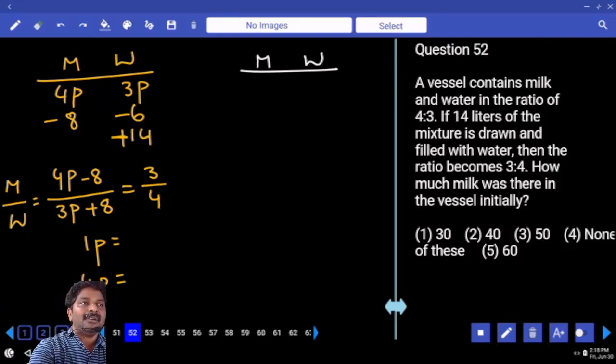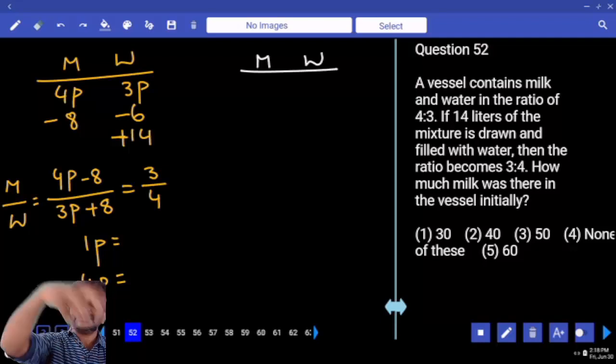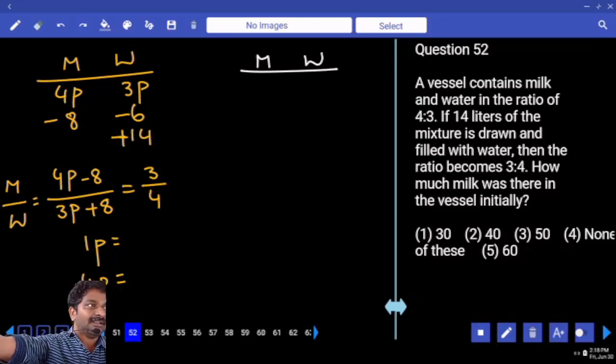So now, for milk, we have only one-way direction. Milk is going out. That's it. For water, we have two-way direction. Some quantity of water is going out and 14 liters of water is coming in. So one-way direction is there for only milk. So I'll calculate only milk quantity. Is that okay for you?